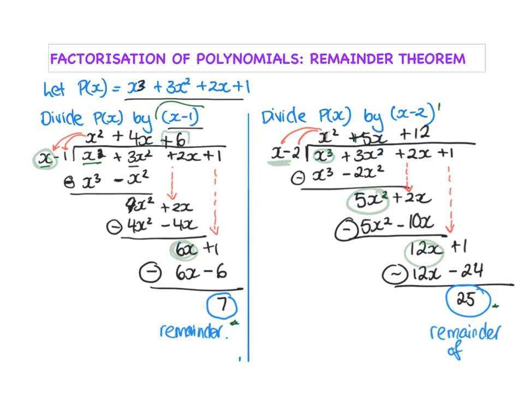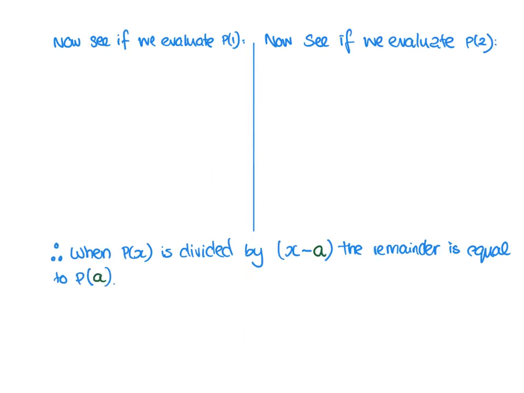Now I want to show you, when I divided by x minus 1, I got a remainder of 7, the same as when I do p of 1. Now it says evaluate when you have p of 1. What p of 1 means is every time I see x in that polynomial, 3x squared plus 2x plus 1, I'm going to put a 1 instead.